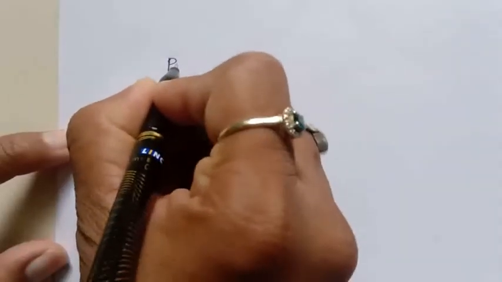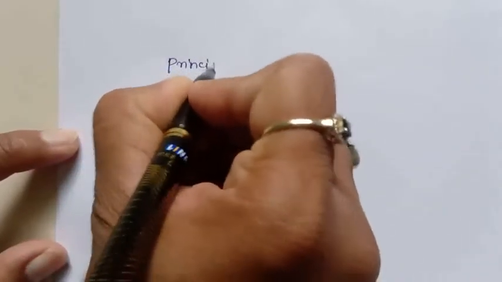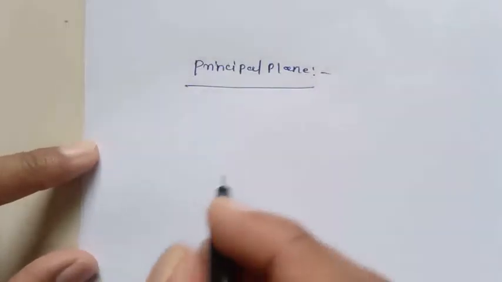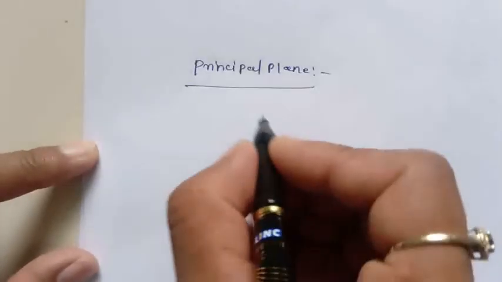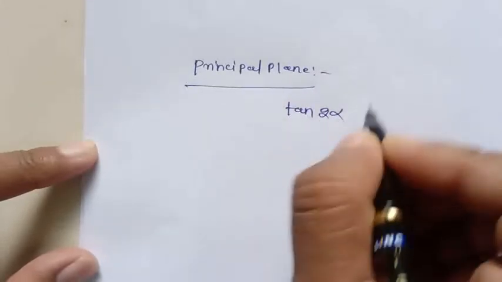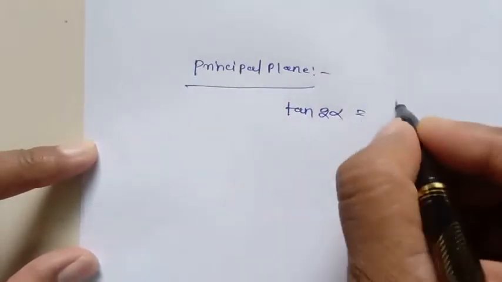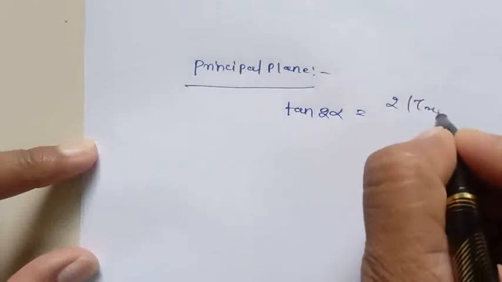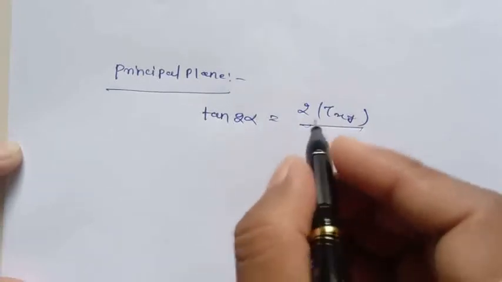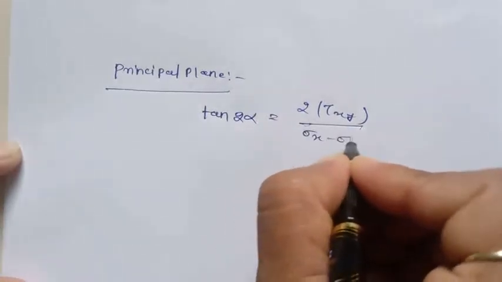So, principal plane. To find out the principal plane, we have the formula: tan 2 alpha equal to 2 tau xy divided by sigma x minus sigma y.